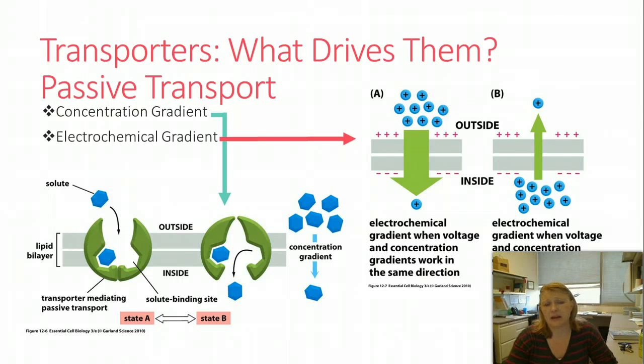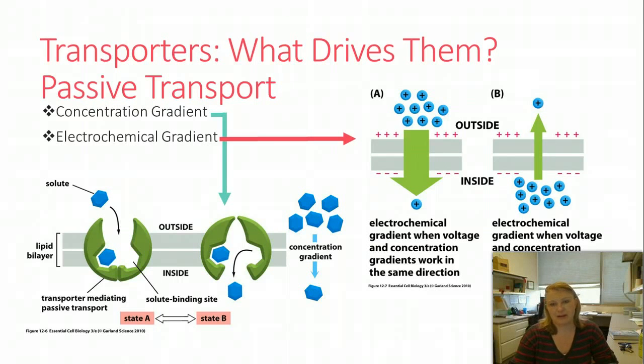We also have electrochemical gradients. There's a charge that runs along the outside of the cell, and all cells have these, some to a greater extent than others. The charges can work in concert with the concentration gradients, as you can see in example A, where the positive charge is on one side and the solute is positively charged, which will allow for the pumping of the solute across the membrane through a transporter.